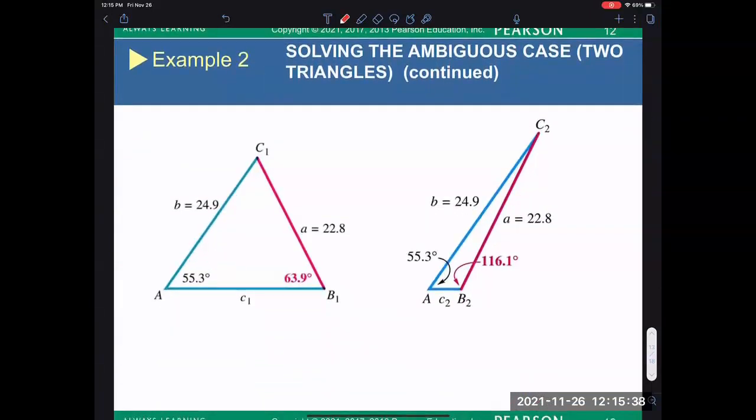So with B sub 1, we swung this length A, the 22.8 length side, out to the right and dropped it down to the base. And the other one was where we swung that same A length of 22.8 to the left and dropped it down to the base. If we swung it to the left, we got a short little base, and if we swung it to the right, we got a larger base.